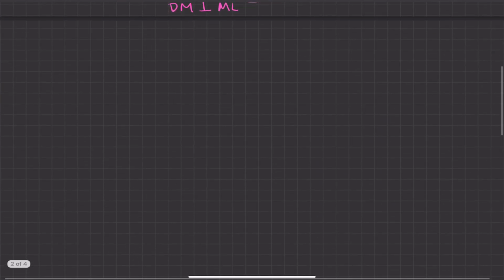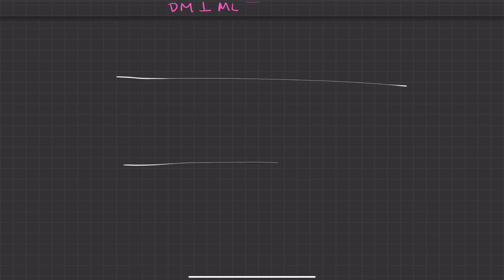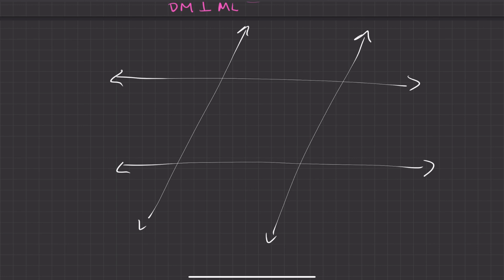One thing that I want to go ahead and do is I'm going to prepare you for the transversal types of questions. Okay, so let's say that I have two lines cut by two transversals, and then I'm going to label this line A, B, and then this line here is C, D. Then I start labeling.